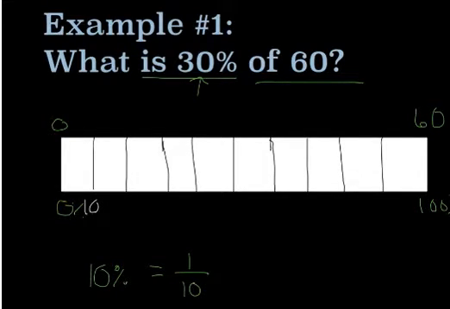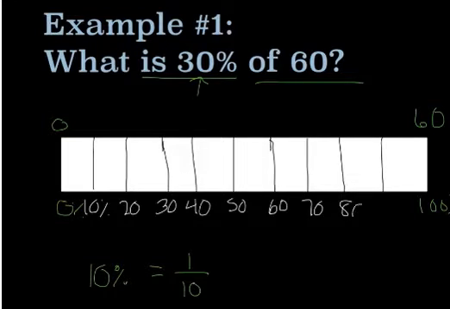The portions should be of equal width or size. So beginning at 0%, you'll have 0, 10, 20, 30, 40, 50, 60, 70, 80, 90, back to 100%.